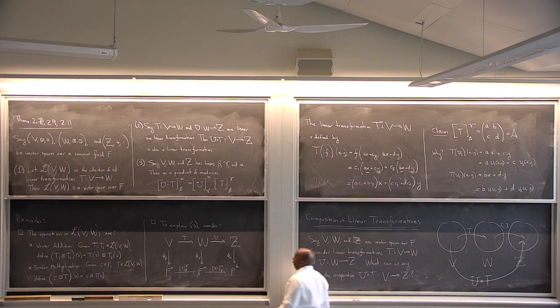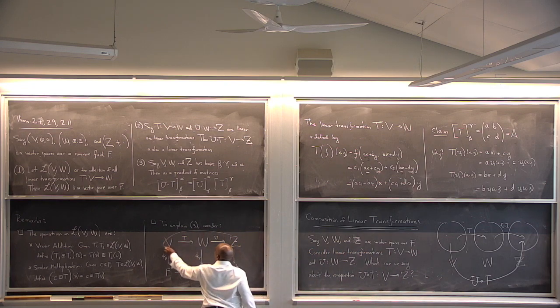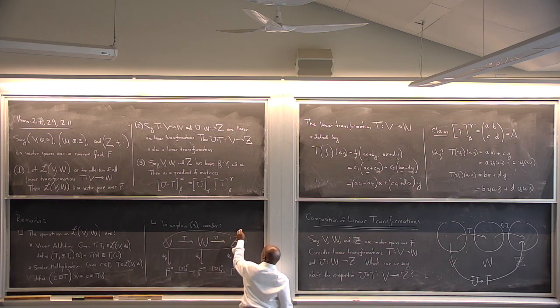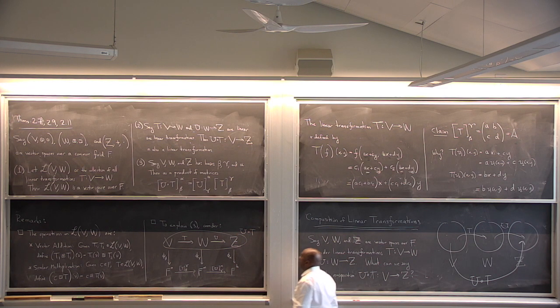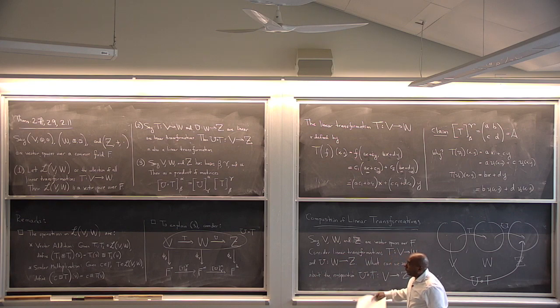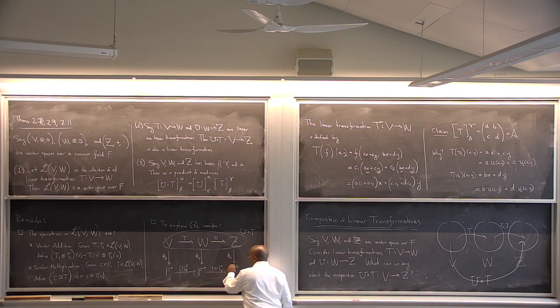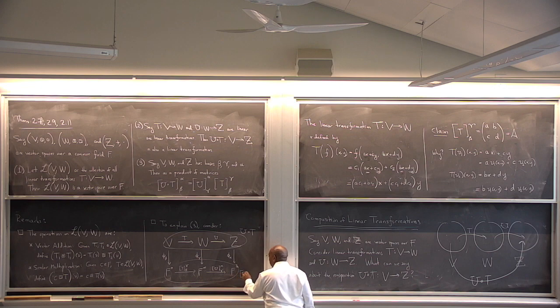And somehow here at the top, I'm looking at this composition, U compose T. Again, remember that it's always read in the opposite direction. Whereas here on the bottom, I can do the same thing. I can look at this matrix representation that's now going from beta to alpha, right? Because I'm starting at beta, ending at alpha.